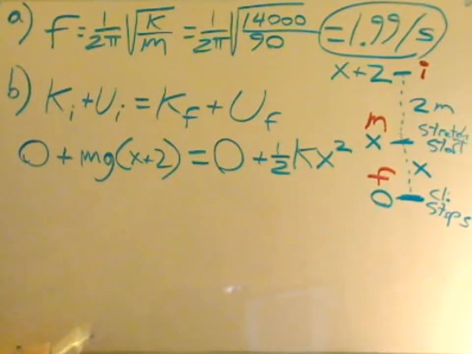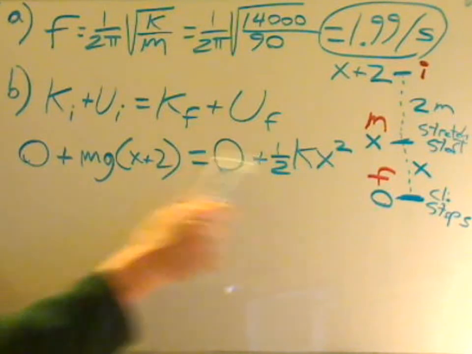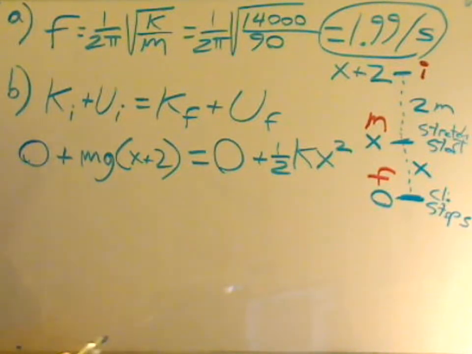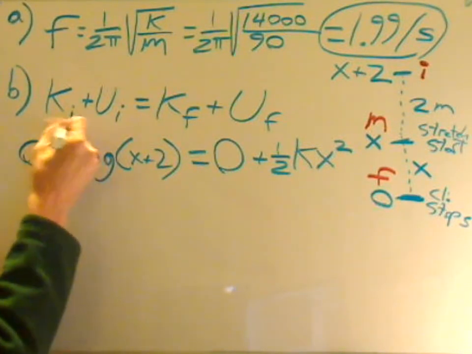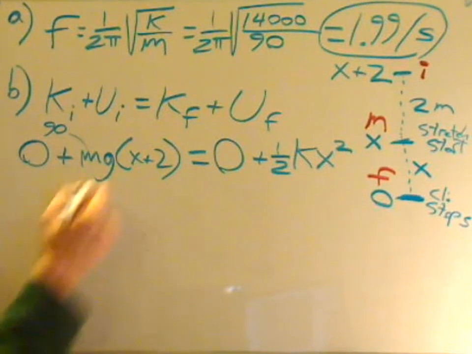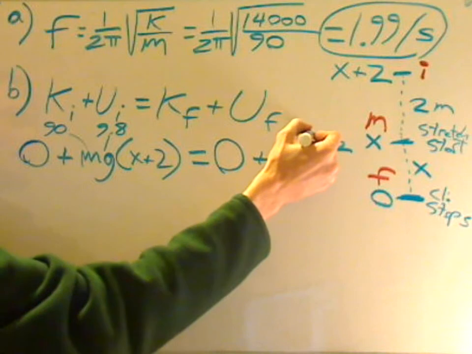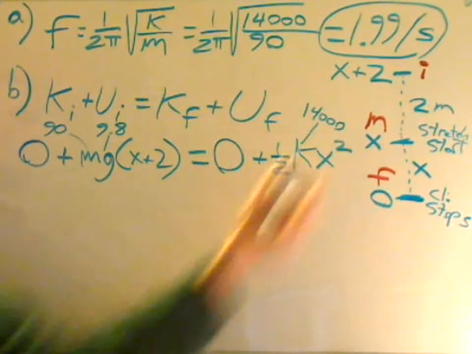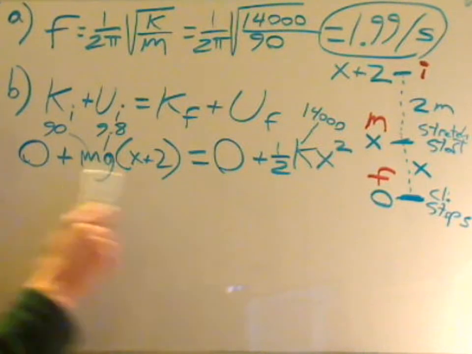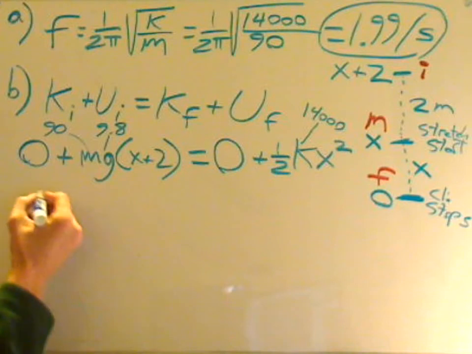Okay, this seems like it might be an easy problem to solve, but this is a quadratic equation. And so this becomes a fairly tricky thing to do. So when we plug in the numbers here, remember mass here is 90, g is 9.8, k is 14,000. You plug those numbers in, do a bit of algebra, and you get a quadratic equation that's not so easy to solve.